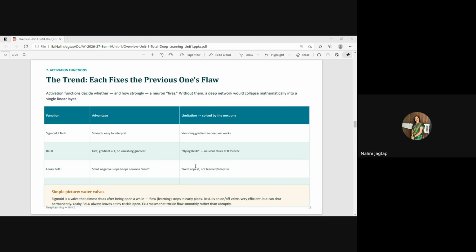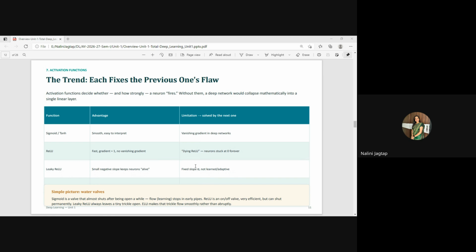Sigmoid and tanh, though smooth and easy to interpret, caused the vanishing gradient in deep networks. ReLU was introduced to fix that specific flaw and succeeded brilliantly. But it introduced an entirely new flaw of its own, which is called the dying ReLU. Then leaky ReLU was introduced specifically to patch this dying ReLU problem.